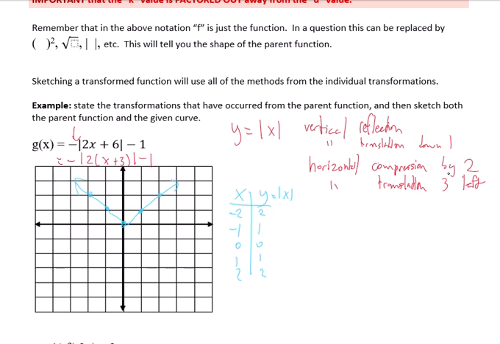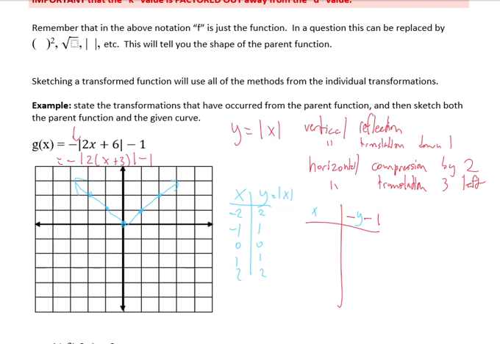Now let's do our transformed function. So for the transformed function, this is what we want to do. We want to take these transformations here. We're going to set up a second table of values, and we have our x value and our y value. Now, this x and this y, these are the original key points of our parent function. So let's look at these transformations. We have a vertical reflection, so that means we have a negative y value, and a translation of down 1, so we're going to subtract 1 from the y value.